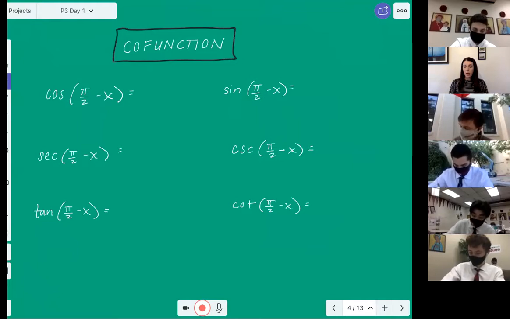But again, we'll work almost exclusively in radians, pi over 2 minus x. I know this is a lot of information to cover here. We'll do some examples that'll make it a little easier, but I just wanted all of this to be in your notebook.